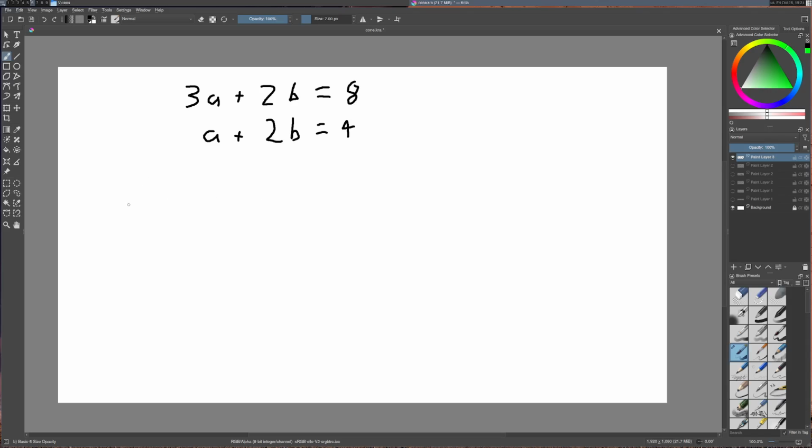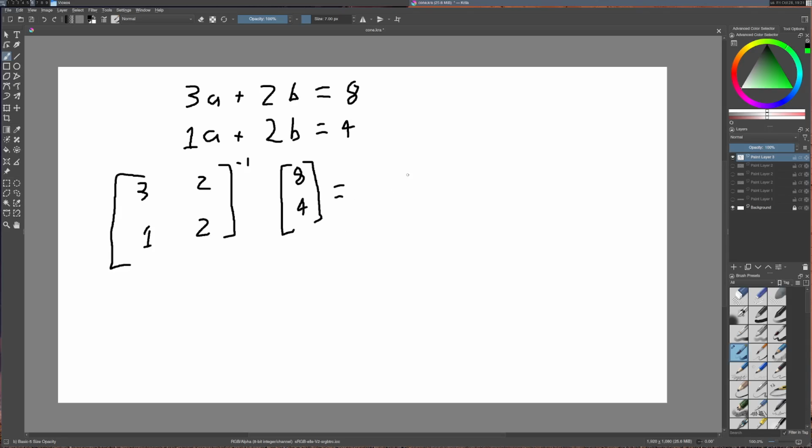So we would put the coefficients into a matrix. The matrix will look like this: 3, 2 and 1, 2. If we take the inverse and apply it to what's on the right hand side of the equations, we will get a and b.